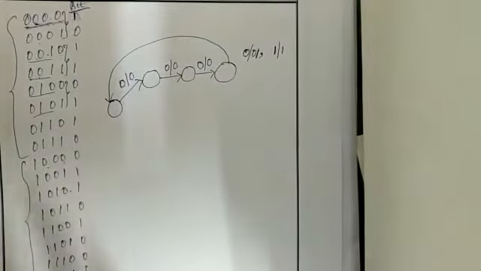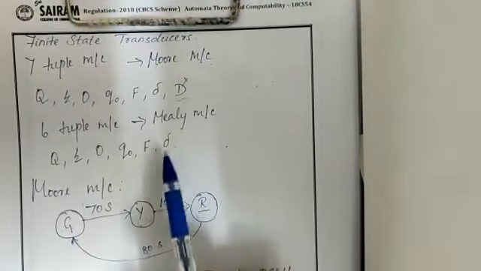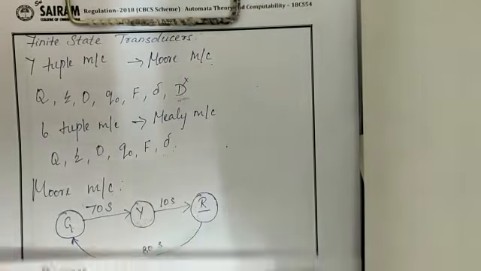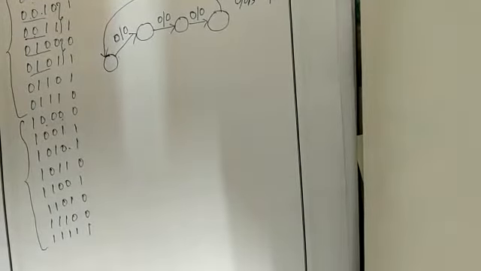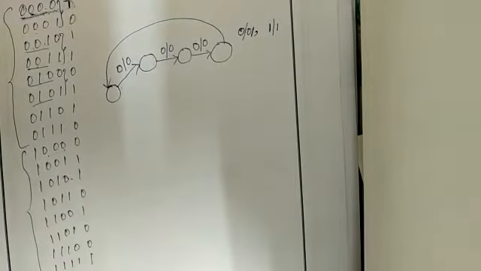In Moore machine I have an output function, but here in Mealy machine I do not have the output function. So how will I represent the input and output? Separated by a slash. This is the representation of my Mealy machine.